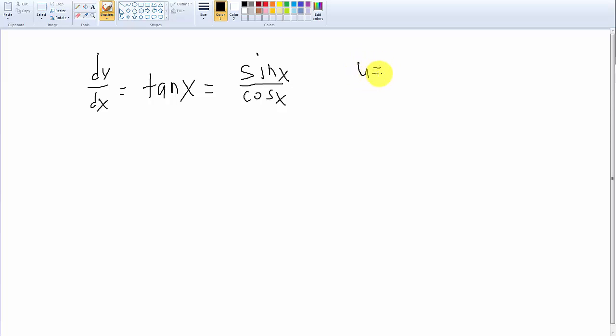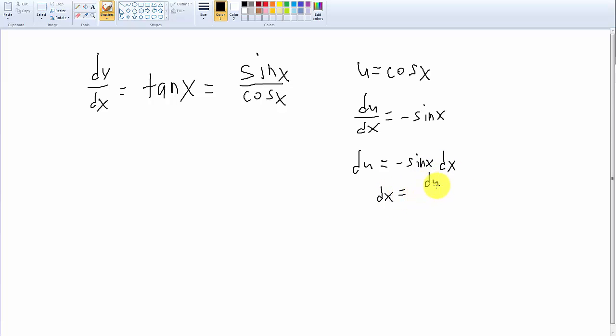So this is kind of the more common way to think about this process. So we say u is equal to cosine x. Okay, so then du dx is equal to negative sine x. And so now we can say that du is equal to negative sine x dx, or in other words, dx equals du over negative sine x.